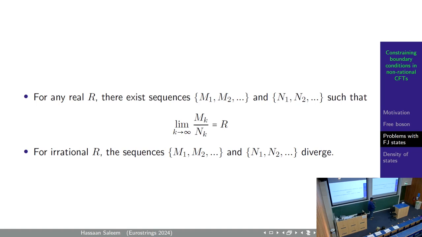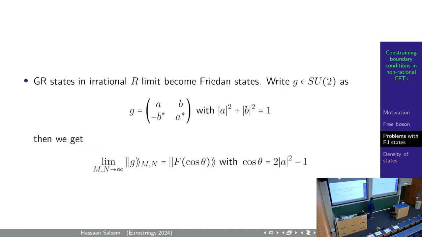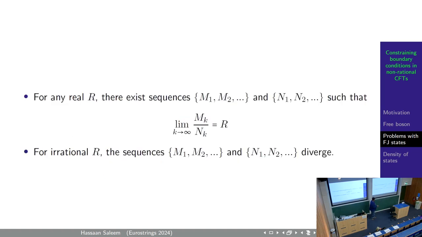Okay. Another fact that I'm going to use is this. In their paper, Recknagel and Gaberdiel showed that if you take their boundary states, and if you take the limit when r is an irrational number, then their states, which is this, become Friedan states, right? So you can see that m and n going to infinity means r becoming irrational because of this fact.